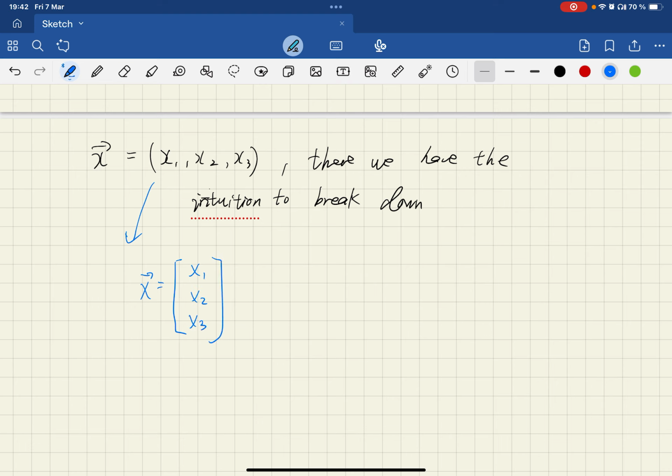This is a very important notation for vectors.